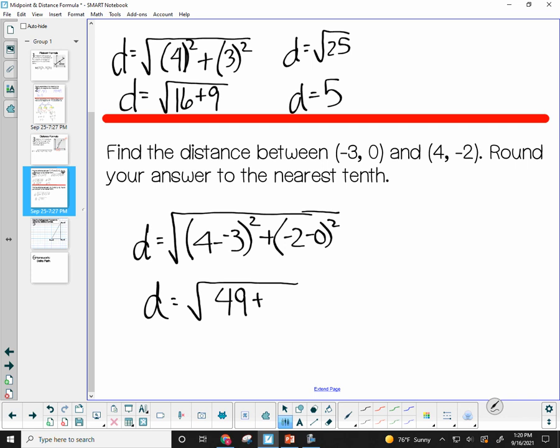Then -2 squared is going to be a +4. Be careful of that, right? Because it's the quantity of -2 squared. So that should be 4. So then we get the square root of 53. Not a nice number. What does that round to? 7.3. So that's approximately 7.3 units long.